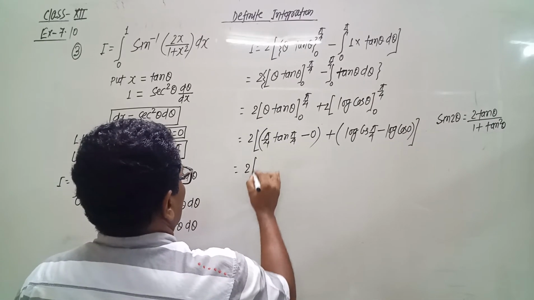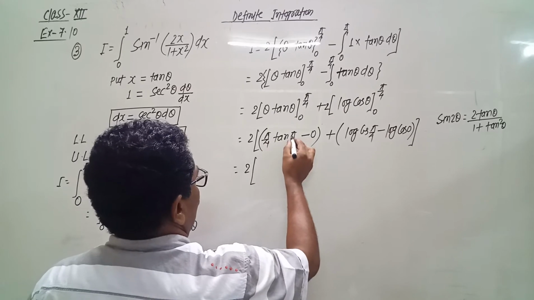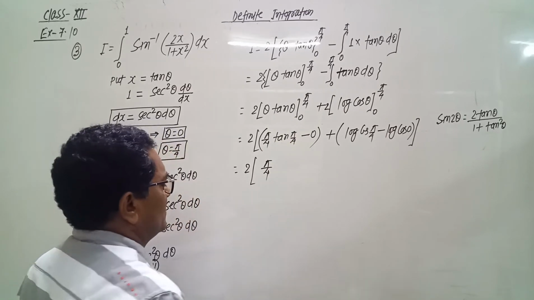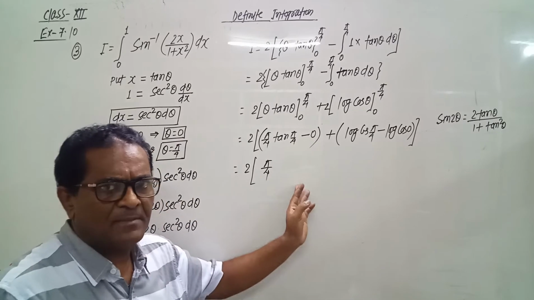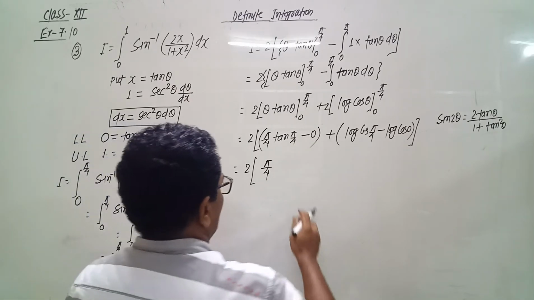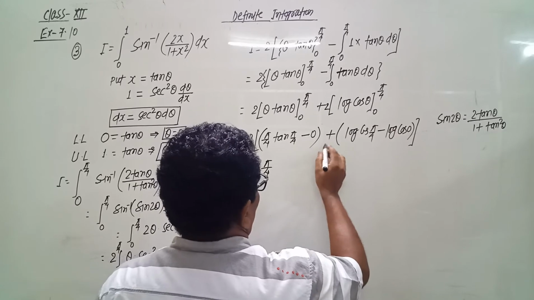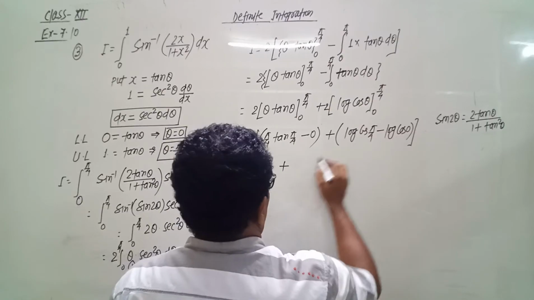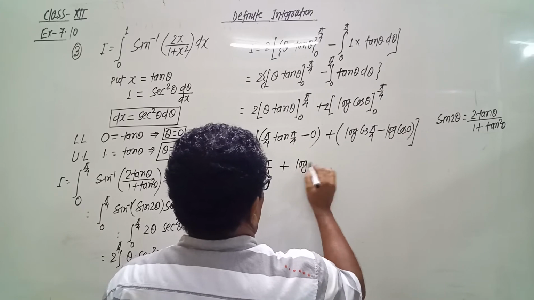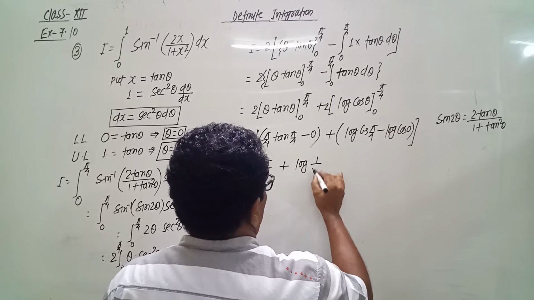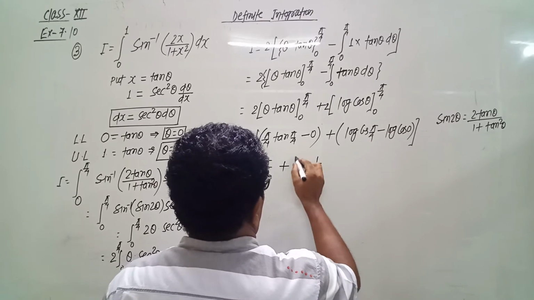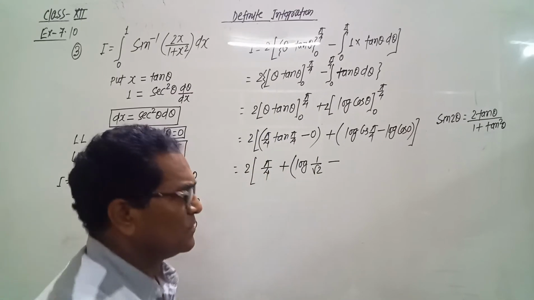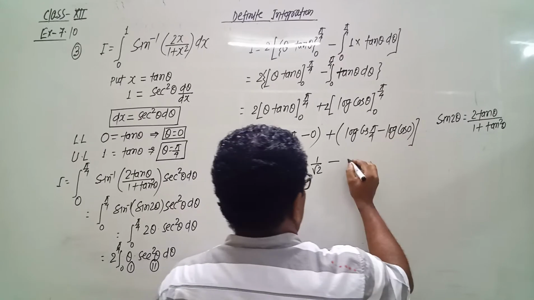So pi by 4 and tan pi by 4 is 1. So 1 multiplied by pi by 4 gives pi by 4, and pi by 4 minus 0 also comes 0, and plus log cos pi by 4. The value of cos pi by 4 is 1 by root 2, and minus log cos 0, cos 0 is 1, and log 1 is 0.